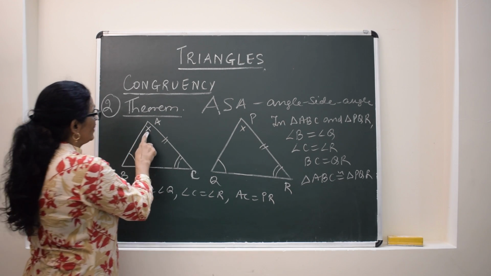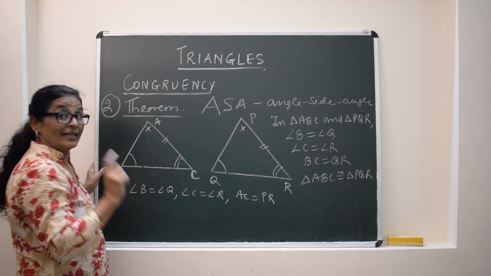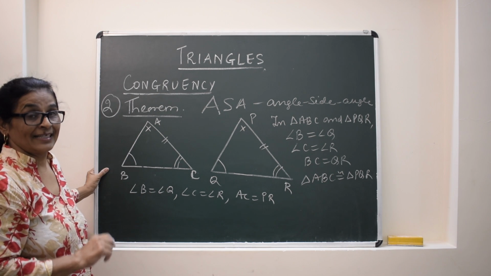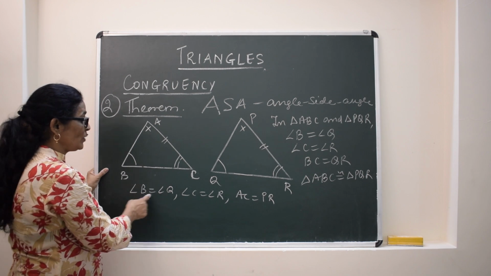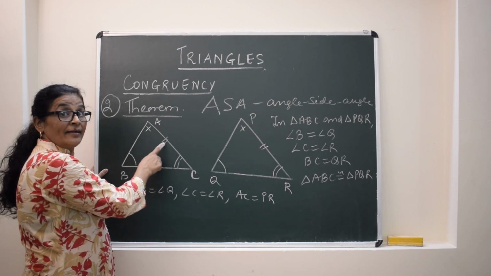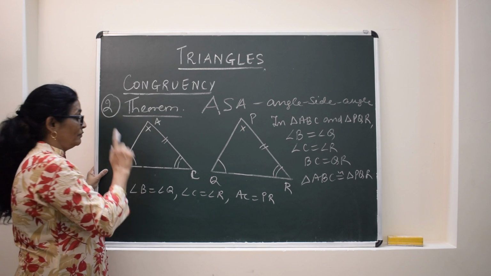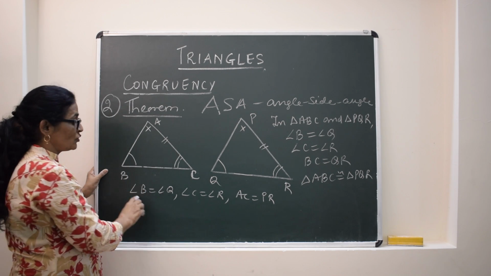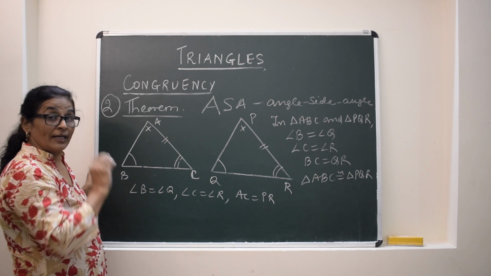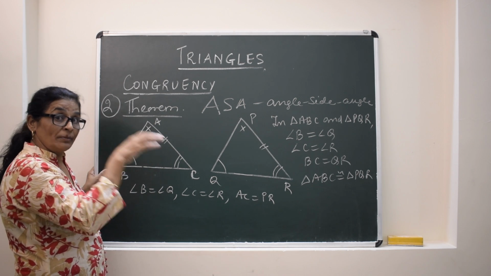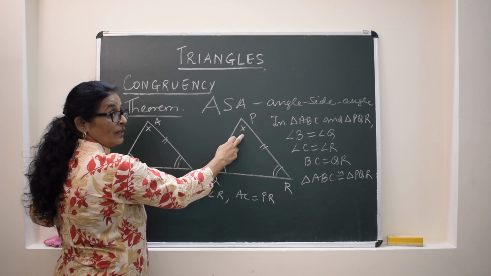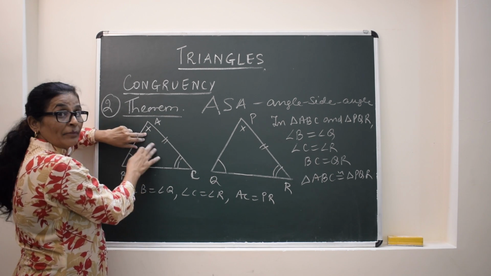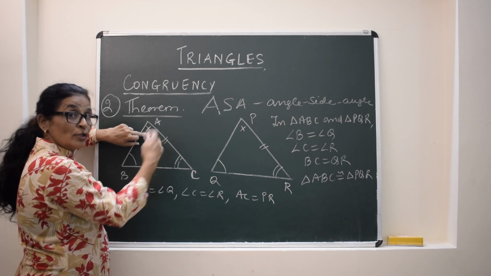But if we do not discuss this third one, then also there is a criterion called AAS. It means any two angles and any side, which may or may not be included, then too the triangles will be congruent. And the reason is that automatically the third angle is equal. So you may say ultimately it can become ASA also.